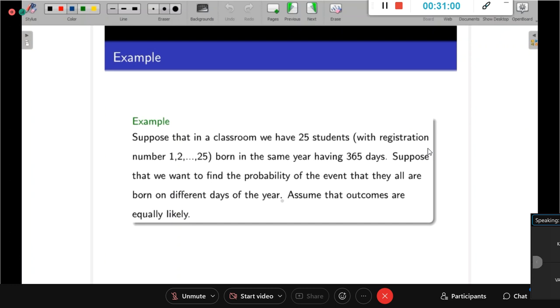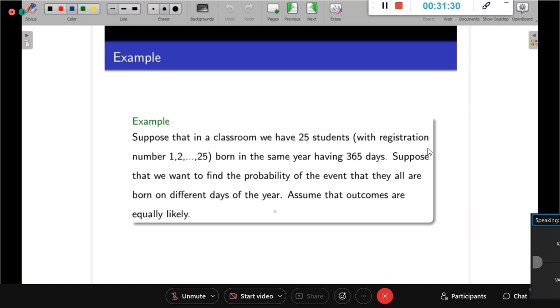So it's a condition here. It means no two of them are born on the same day. Assume that outcomes are equally likely, so each day occurs with the probability 1 by 365.